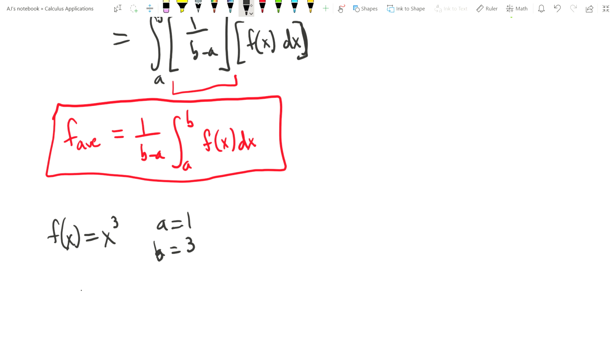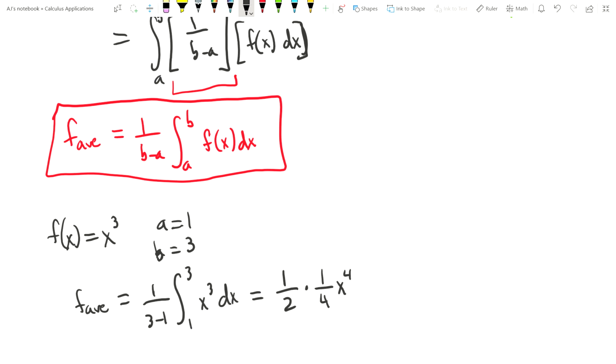Okay, well, the average value, just plugging these in, is going to be 1 over 3 minus 1 times the integral from 1 to 3 of f of x, which is x cubed, dx. Okay, so this is 1 over 2 times, and the integral of x cubed dx is just 1/4 x to the 4th, evaluated on the interval from 1 to 3.